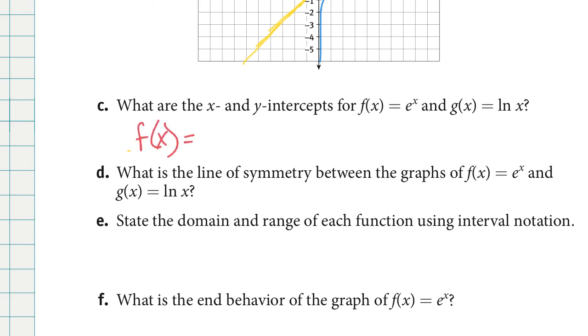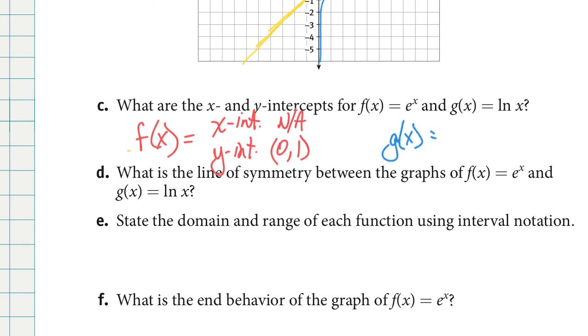So f of x, we'll write it in red. The x-intercept is not available because it's not crossing the x-axis. And the y-intercept, surprise, surprise, we'll do the ordered pair, is 0, 1. And the g of x function is the complete inverse of that.